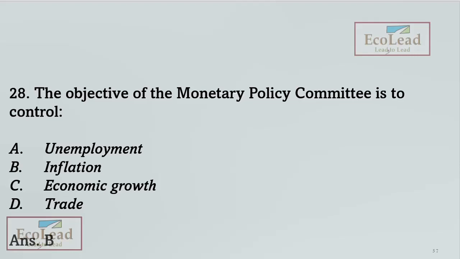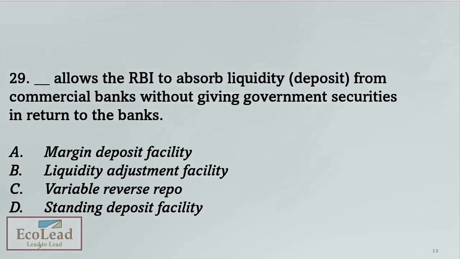Economic growth or unemployment come under the fiscal policy. Trade comes under the trade policies. Only inflation comes under the objective of monetary policy. So the Monetary Policy Committee will control the inflation of an economy. Let us move to the next question.